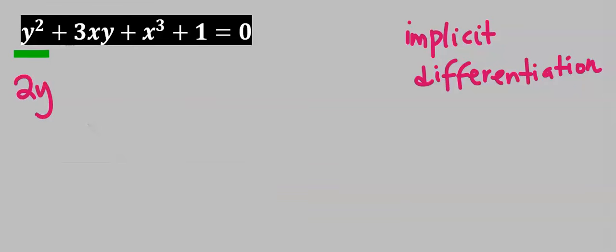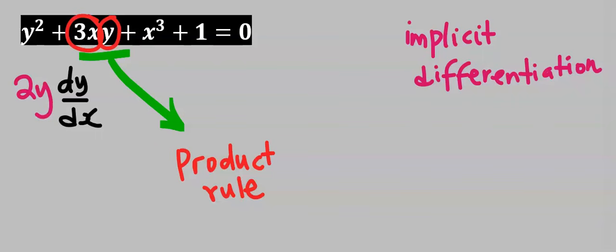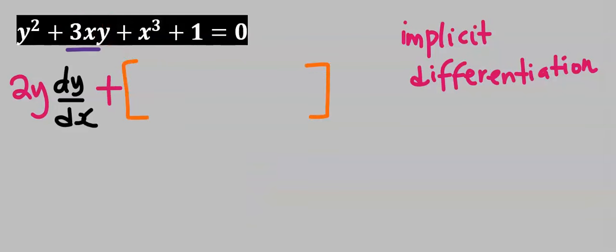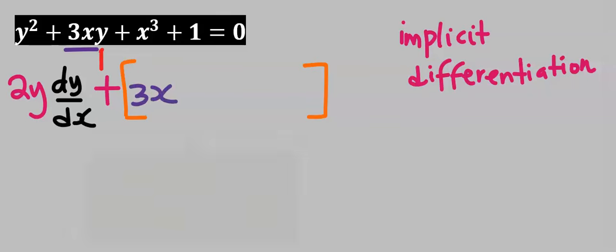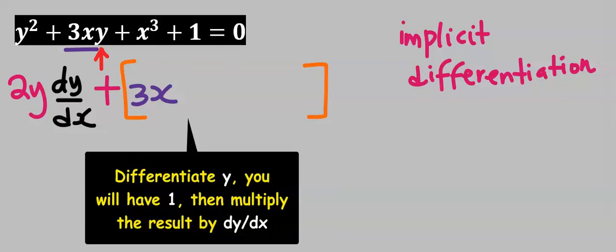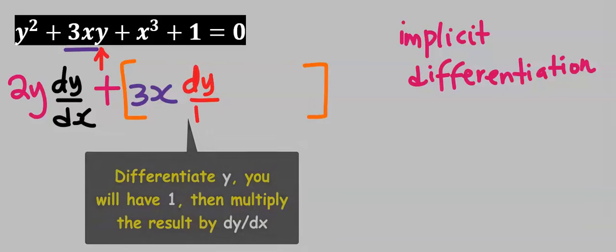However, because we differentiated y, we're going to multiply it with dy dx according to the rule. Next, 3x is multiplying y, hence we're going to apply product rule. So 3xy. Here I'm going to keep 3x constant. Next, we're going to differentiate y, and we're going to get dy over dx.